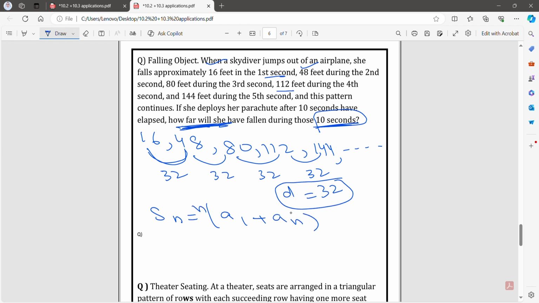What is n here? 10, so it will be 10 over 2, A1 is 16 plus, and here it will be A10, because we have 10 seconds. First we need to find A10, then substitute here, and you will get your sum for this question.